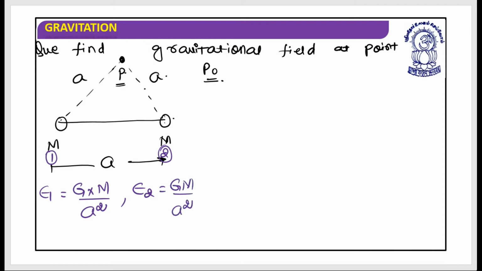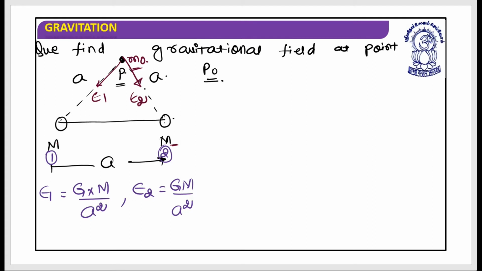Now let's think about the direction of these fields. To find the direction, I should put a test mass m naught over here. On this m naught, this will apply a force of attraction, something like this. So this is the direction of E1, and the second mass will also attract it towards itself. So this could be represented as E2. I hope this is clear.